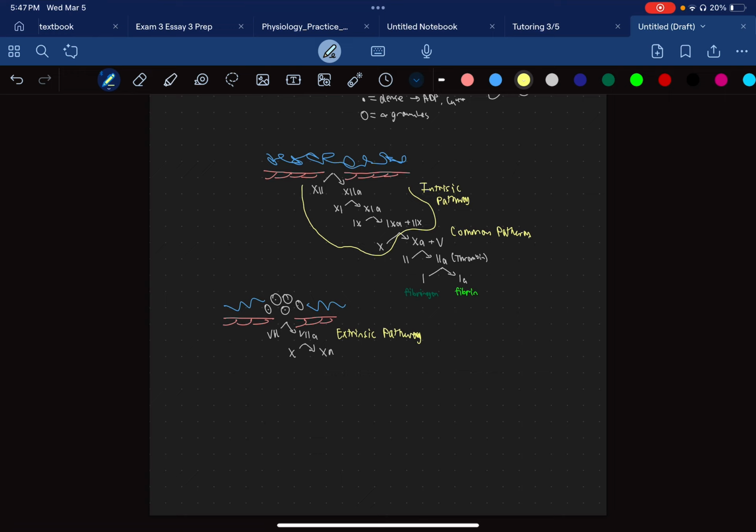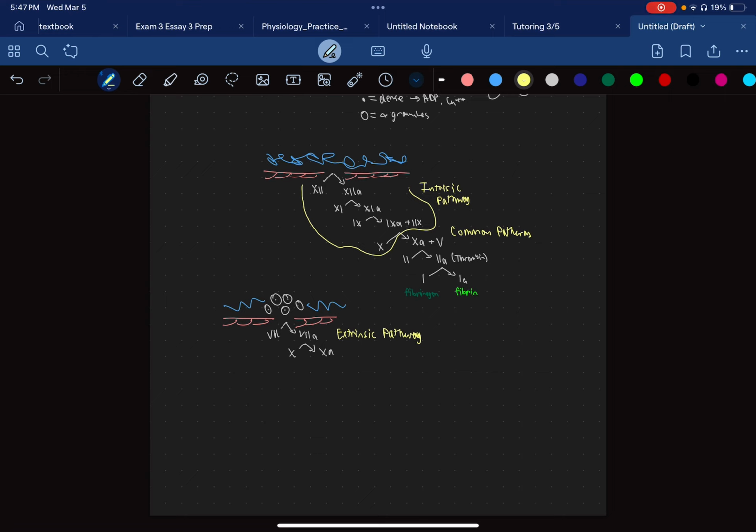The intrinsic pathway is going to work much faster because one factor 11 or factor 12 cell can trigger many factor 11 cells, which can trigger many factor 9 and factor 10. So that's going to cause a much greater kind of ripple effect than just the factor 7 converting factor 10 to 10A. So the intrinsic pathway is going to be more effective, but we need both.